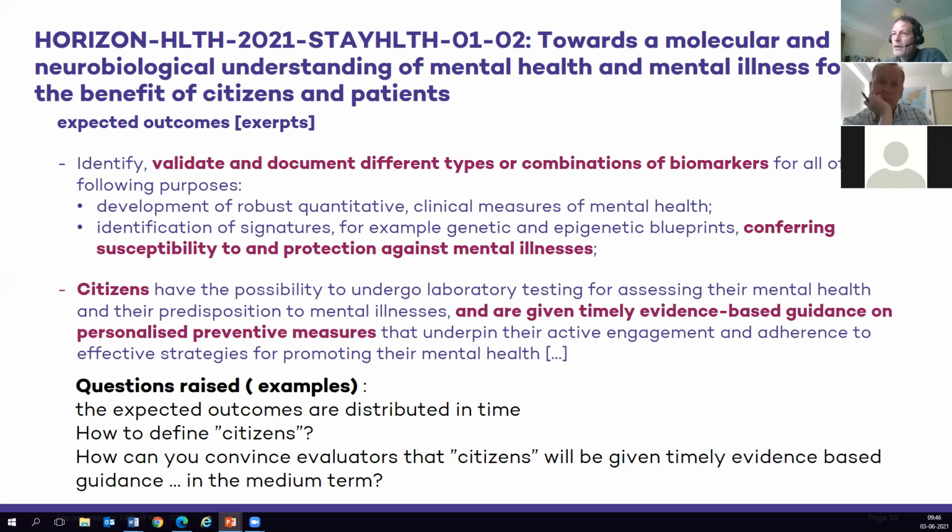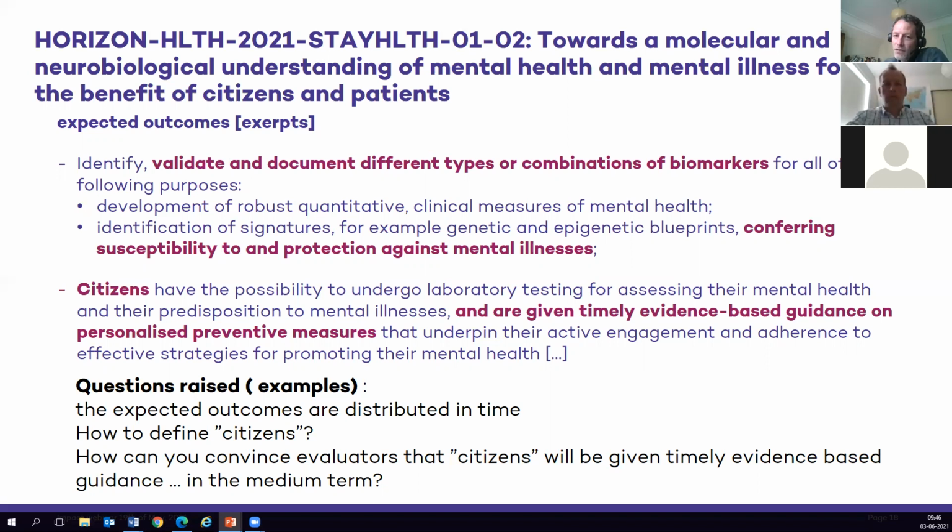Whereas the second outcome reads: citizens have the possibility, blah, blah, blah, to undergo laboratory testing for assessing their mental health, so that they can be given guidance on personalized preventive measures as to their mental health. This is something that implies a change to the way in which healthcare is dispensed currently.